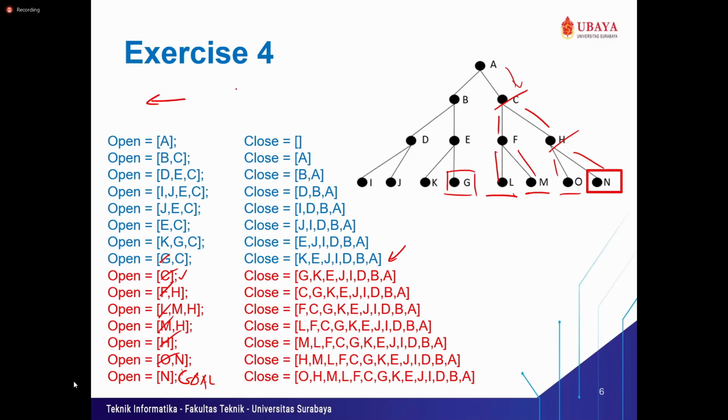If you see B, C, when you open B, you get D and E. Then D and E are placed on the left side of the stack, like this. It's not like this, but like this. Always check the leftmost.